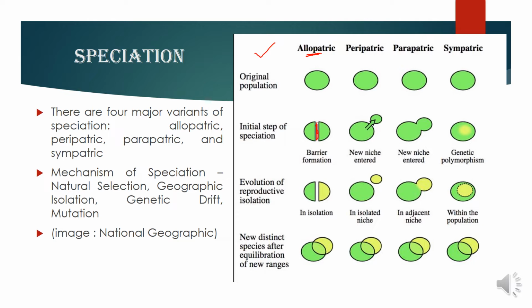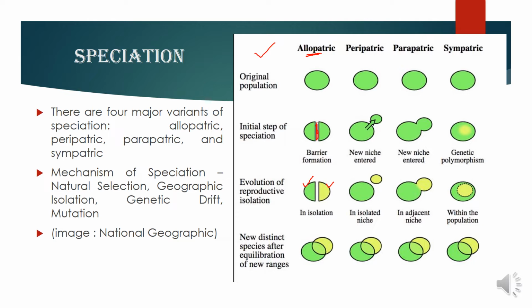So this is the initial population, and it is getting separated by a physical barrier. The ecological niche in this part of the population is different from the niche in this other part. Because they have different ecological niches, they develop unique characters suitable for living in that niche.